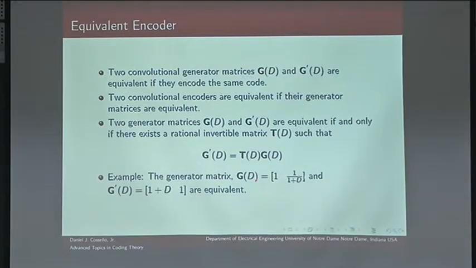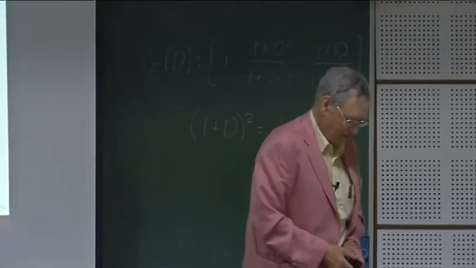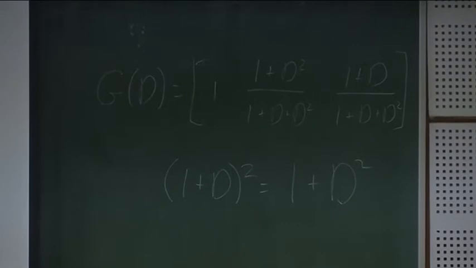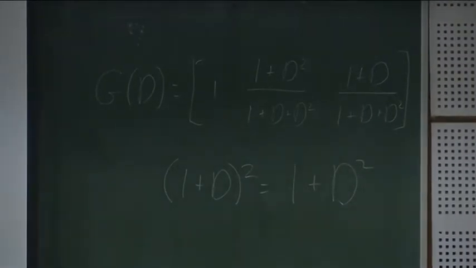If I multiplied this by 1 plus d squared, this would be 1 plus d squared. In modulo 2 arithmetic, the polynomial 1 plus d, squared, is equal to 1 plus d squared, because when you multiply 1 plus d by itself, you get the middle term twice and it cancels out.